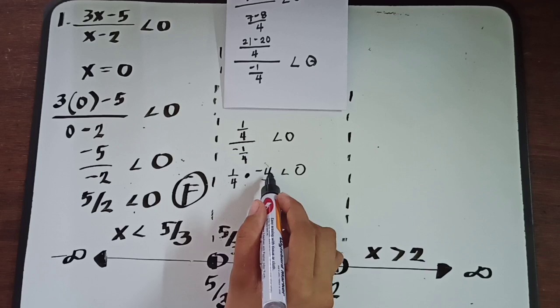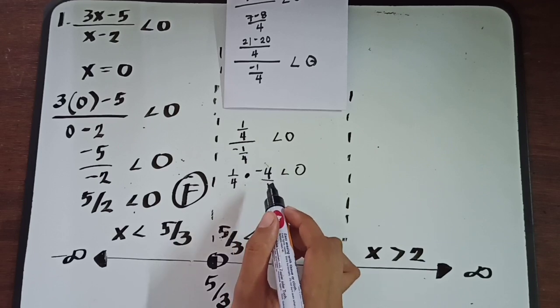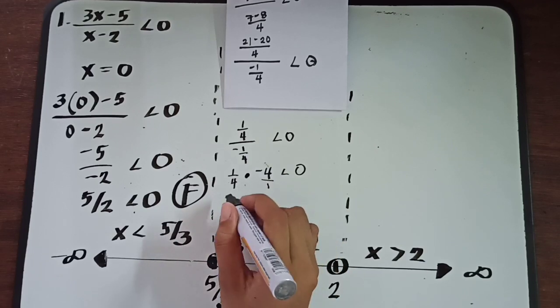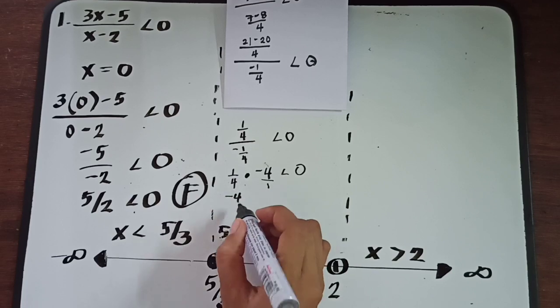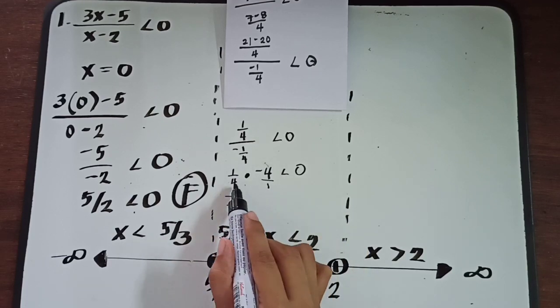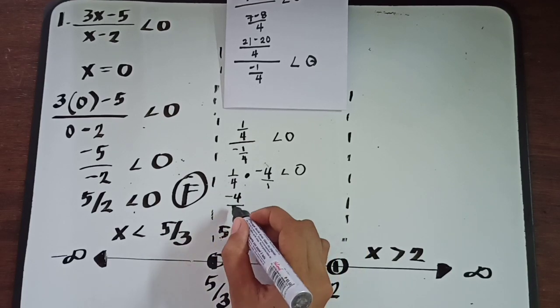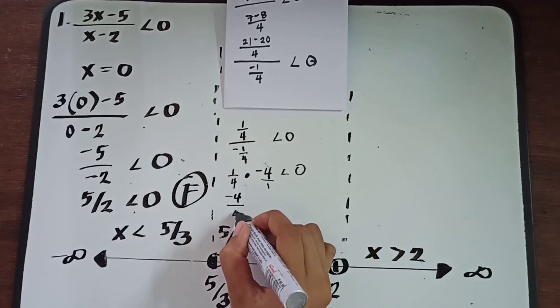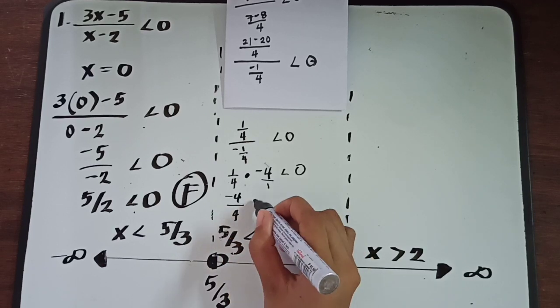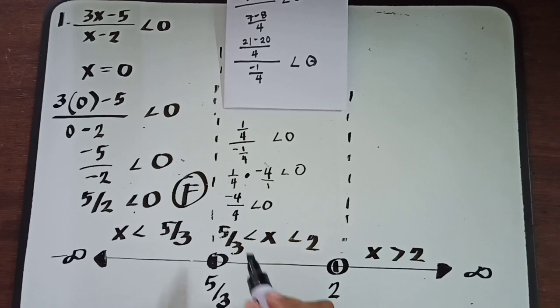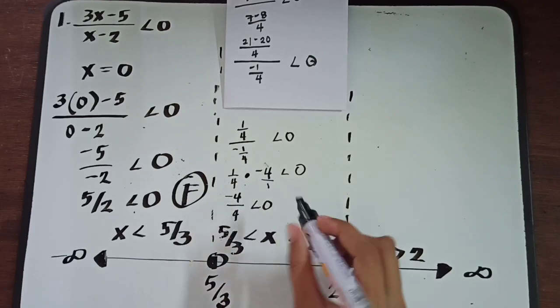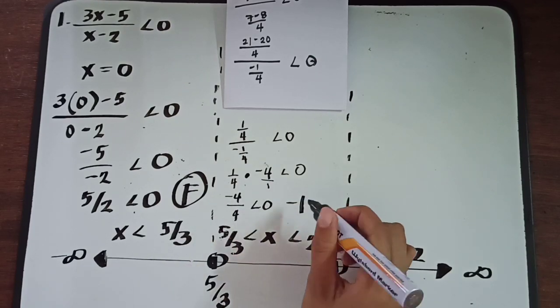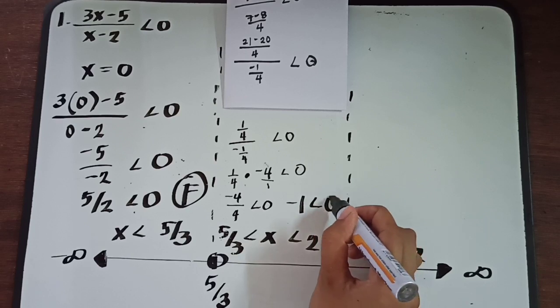So, 1 multiplied by negative 4 is negative 4. So, negative 4 over 4 multiplied by 1 is negative 4 over 4, less than 0. So, this negative 4 over 4 is negative 1, less than 0.